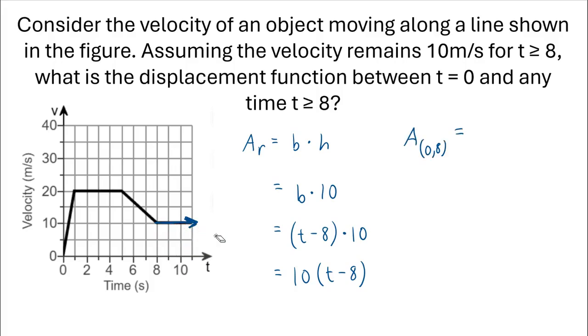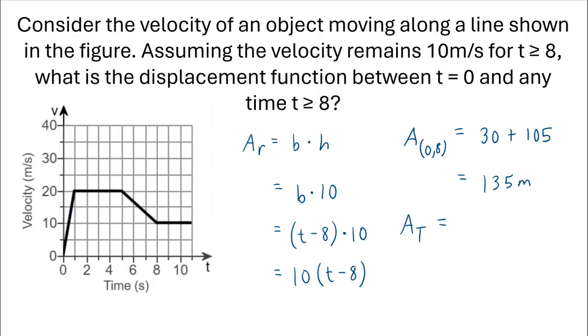Now, the other piece of this puzzle is figuring out the area from 0 to 8, because we'll need to add that area or that displacement to our expression. Well, we already have this because we've already found the displacement from 0 to 2 and from 2 to 8. So to find the total displacement from 0 to 8, we just add those two values together. The displacement from 0 to 2 was 30 meters, and the displacement from 2 to 8 was 105 meters, which gives us a total displacement of 135 meters.